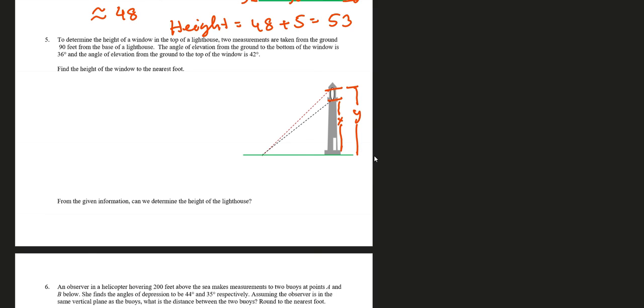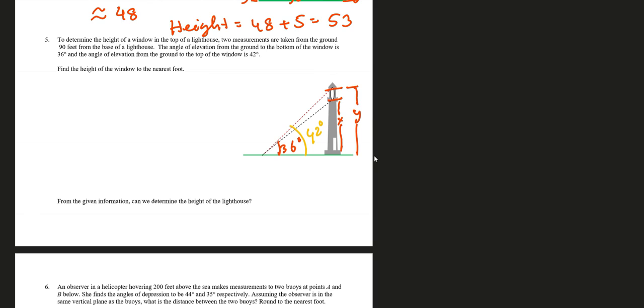The first angle is 36 degrees, and the other angle is 42 degrees. So we have two right triangles here. We have to find x and y, and then if we subtract x from y, we'll get the height of the window.